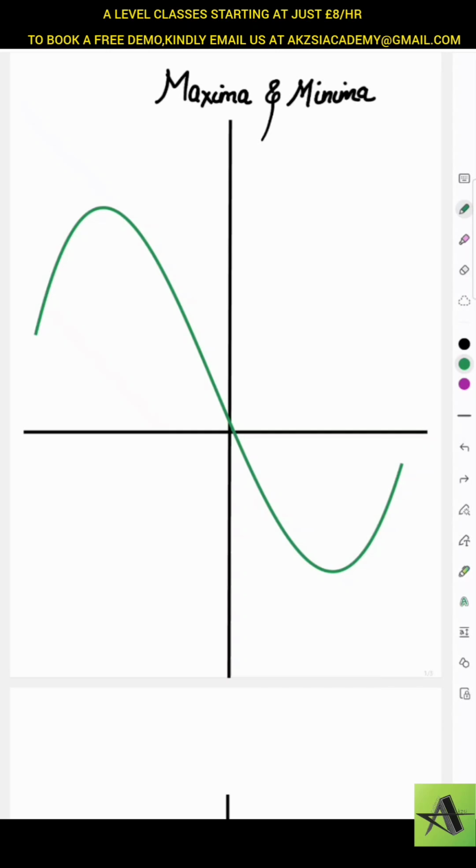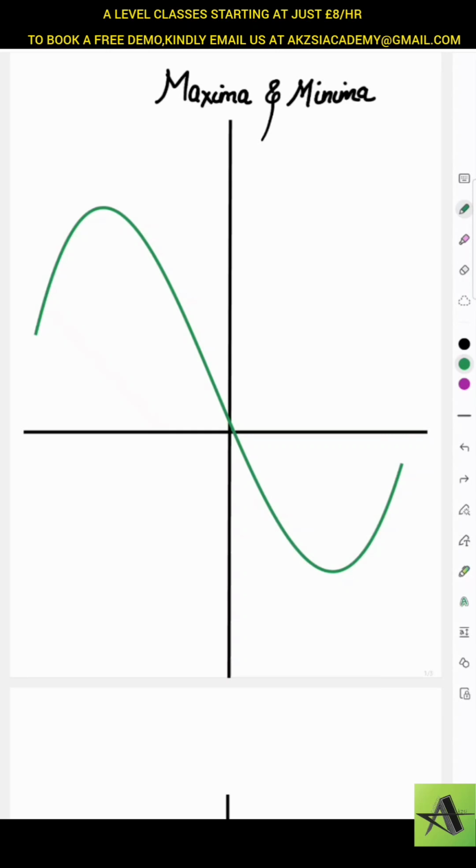And in increasing and decreasing functions, I have explained why the gradient is positive and why the gradient is negative in the case of increasing and decreasing functions. So I have explained the geometrical interpretation as well as the calculus part. The same thing we're repeating here. That means to find the maxima and minima, the slope is very important.